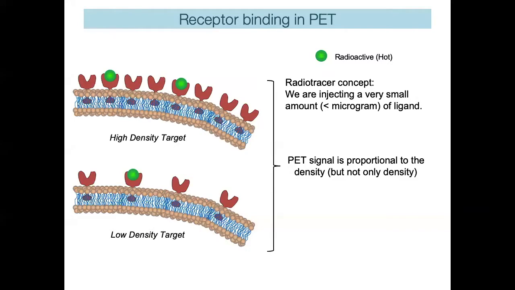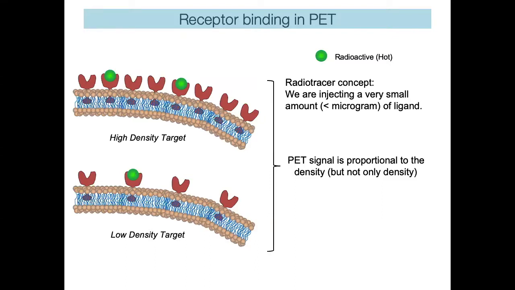So a little bit more detail about receptor radiotracers, specifically about in vivo imaging with receptor tracers. We always say that we're injecting a radiotracer. Now, why do we say that?